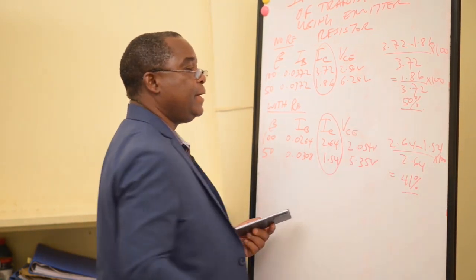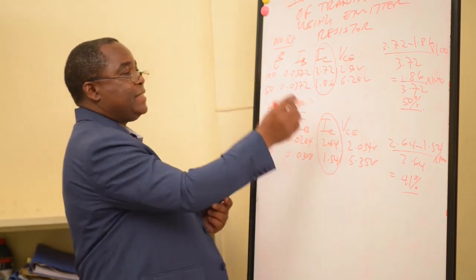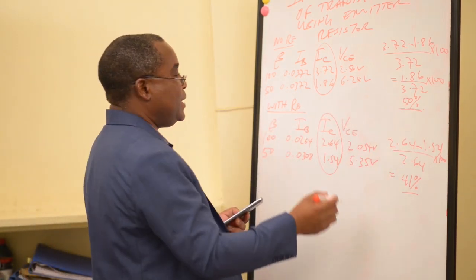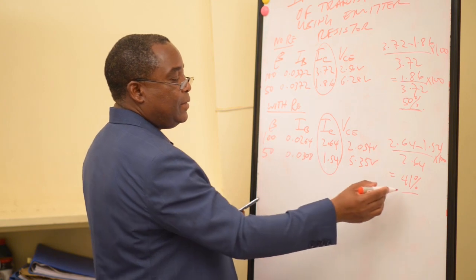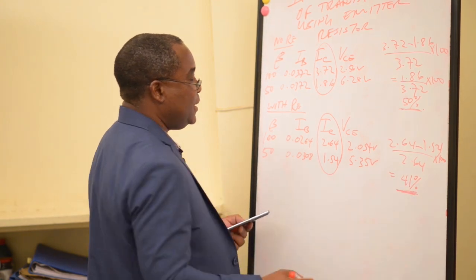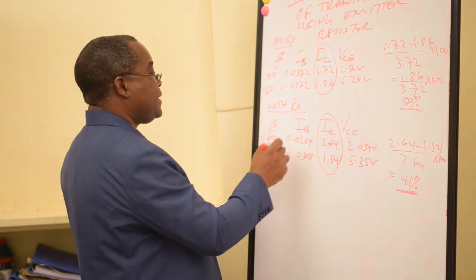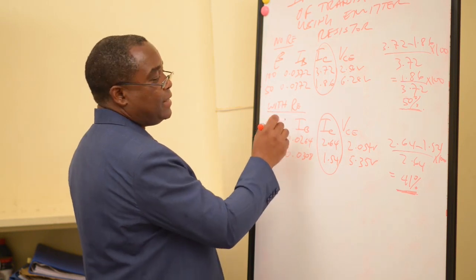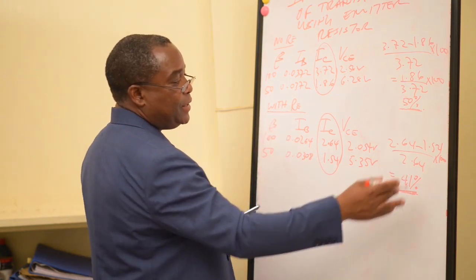So we can see here, without emitter resistor, the higher the percentage, but with introducing emitter resistor, the lesser the percentage. And when you increase the emitter resistor, also the percentage is decreasing.